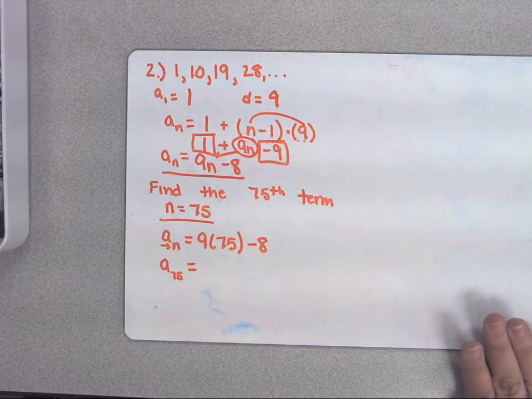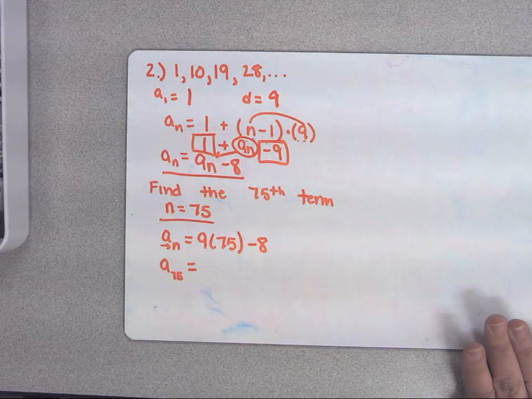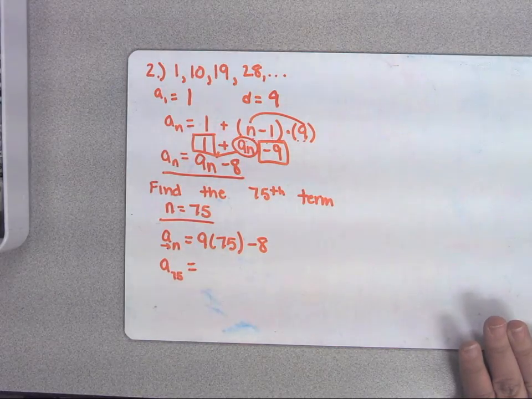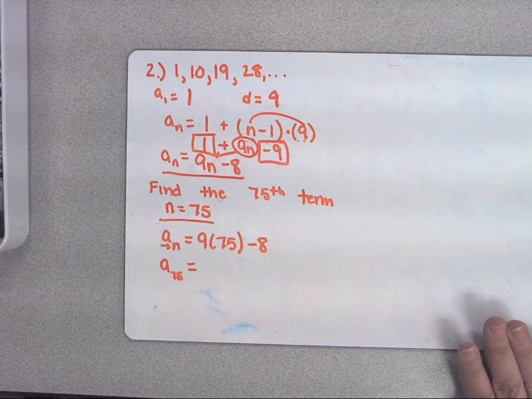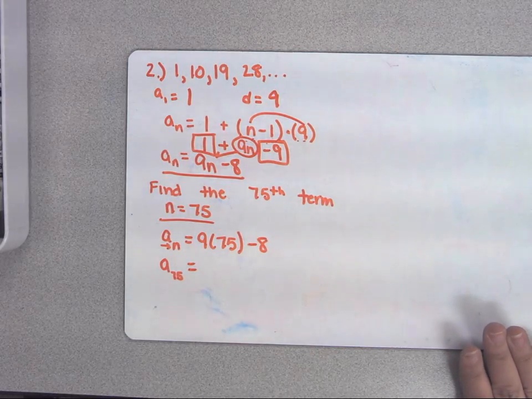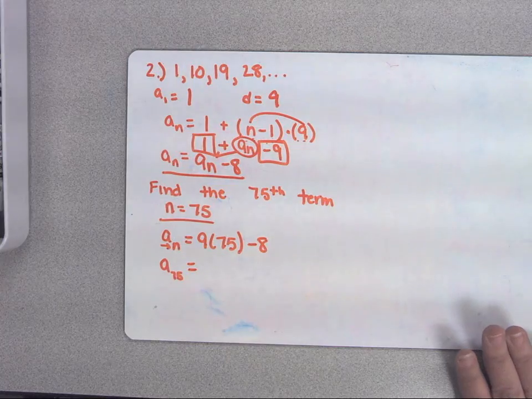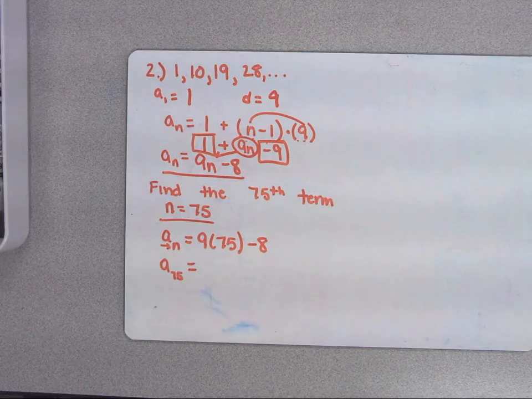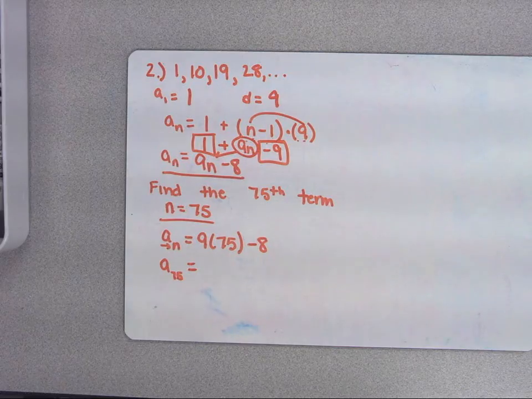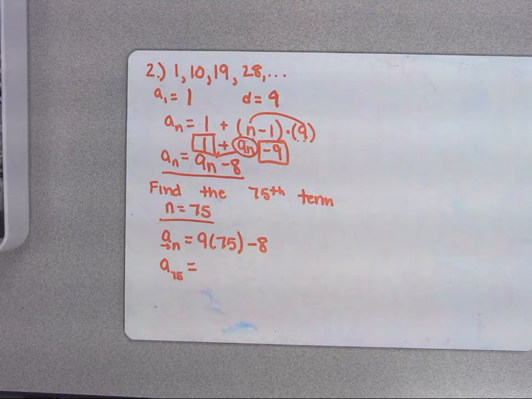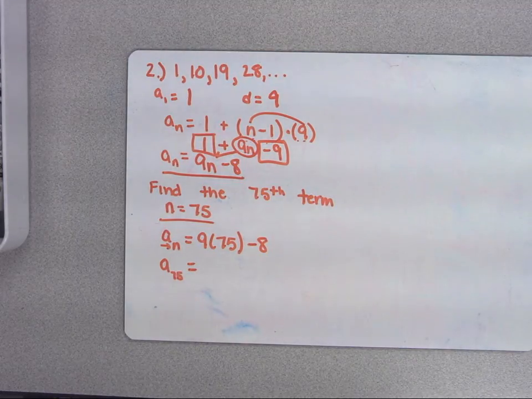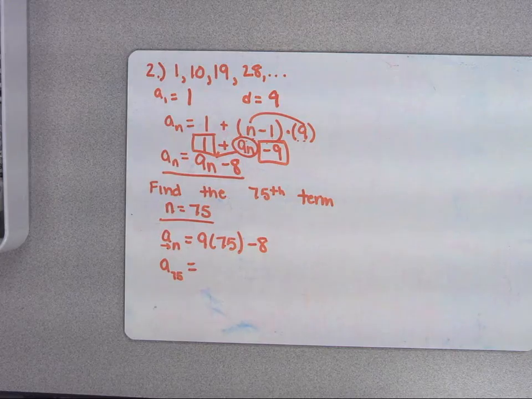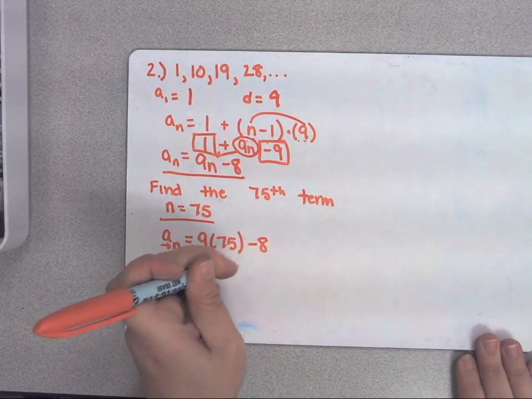It's almost a bad number. 1 off. So you literally just type 9 times 75 minus 8 all at once in the calculator. And you get? 6, 6, 7.